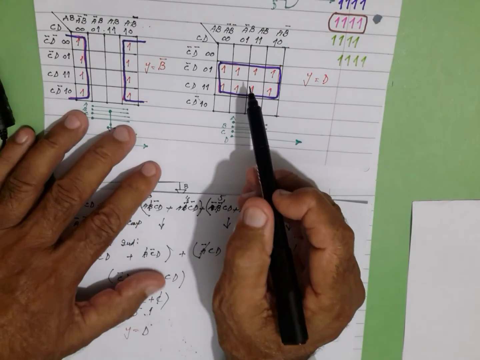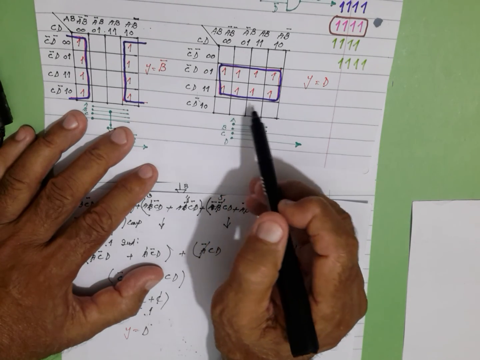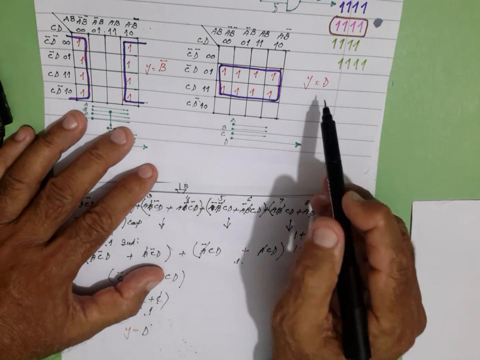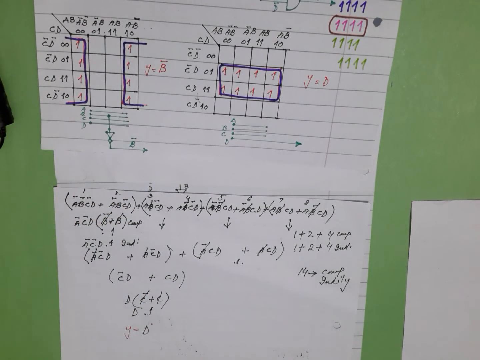But in the case of the K-map, for these 8 minterms we simply make a group, and finally we get the result Y equals D. Simplification with the K-map is easy and does not consume too much time. Conversely, Boolean simplification is complicated, cumbersome and needs a lot of time.